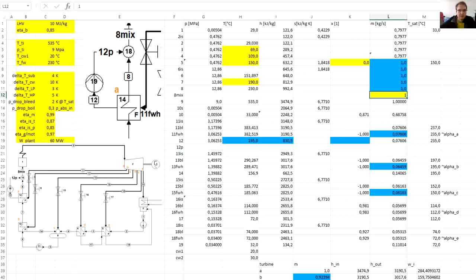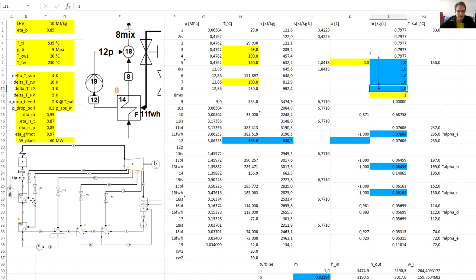We can also check where this number 1 propagates from the previous point number 8. We can see that it goes to the turbine inlet, the first part of the turbine, so that will need to be referenced to this 8 mix.